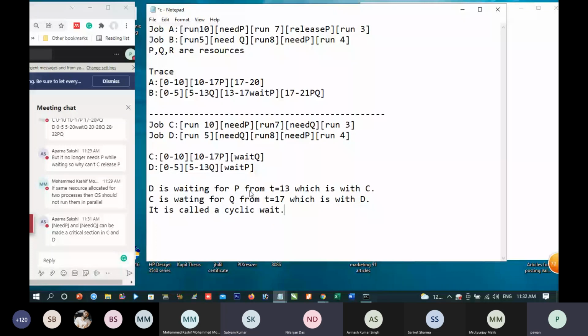I cannot understand how you are bringing the concept of critical section here. And Kasif, you send me a mail and I will reply why this does not happen. It is deadlock. Is it correct?